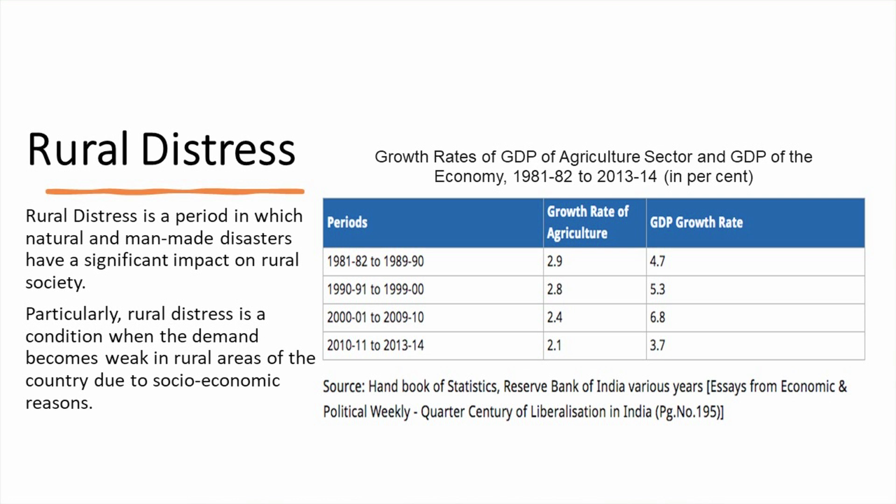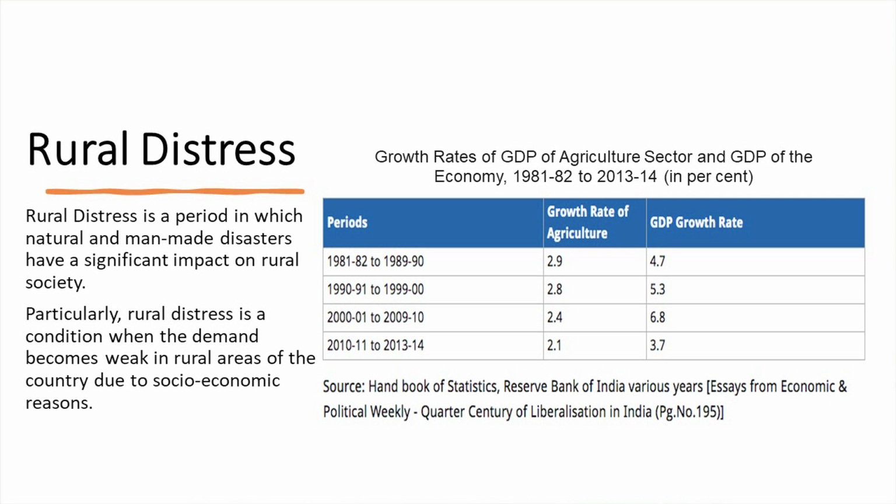So whenever we say there is low demand, what exactly are we referring to? We are referring to the low buying power of the rural people. That means they do not have enough income to make purchases. On the other hand, you would be able to see a table which reflects the GDP of the agriculture sector and GDP of the economy.